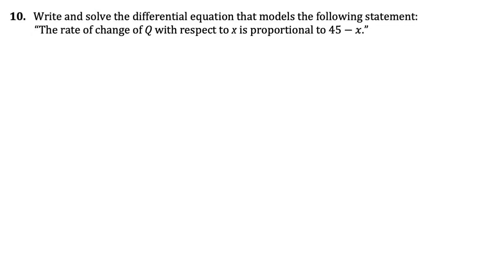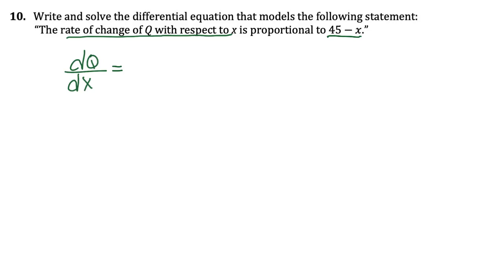Okay, number 10, write and solve a differential equation that models the following statement. The rate of change of Q with respect to X. So we can take that right there, the rate of change of Q with respect to X, and say, well, I know that means dq over dx is proportional to 45 minus x.